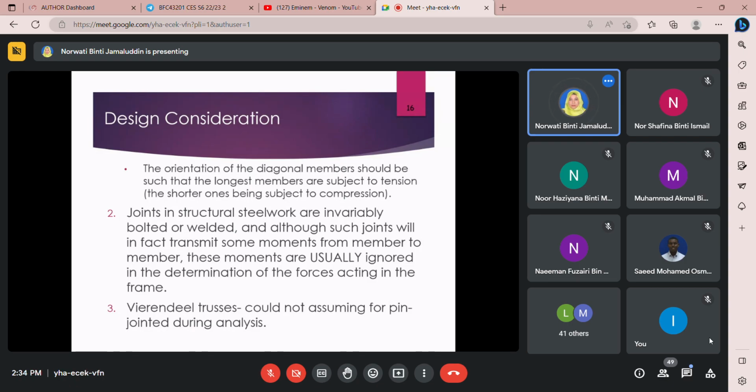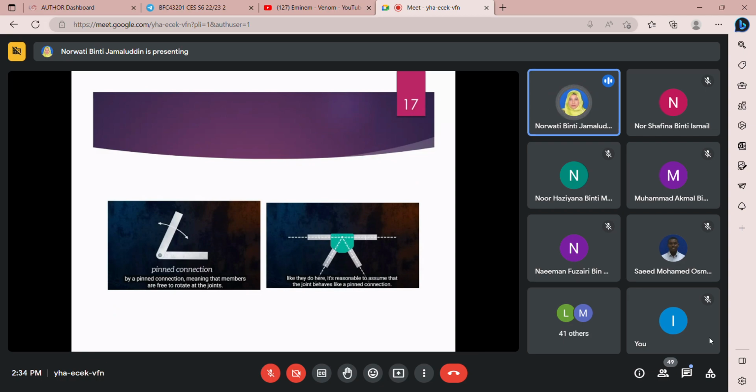But we have one truss type that could not be assumed as pin jointed during analysis, which is, I do not know how to pronounce it, it could be Vierendeel. We assume the joint is a pin joint, meaning that the members are free to rotate.